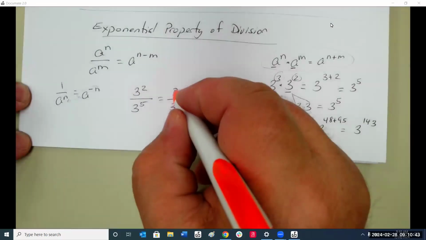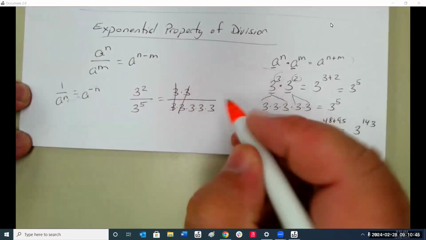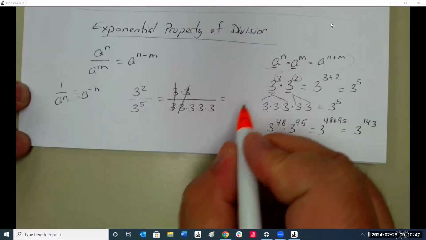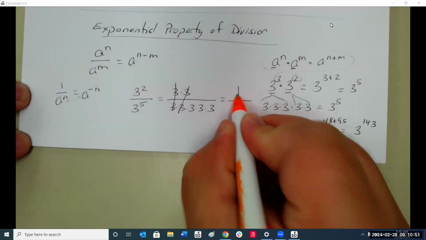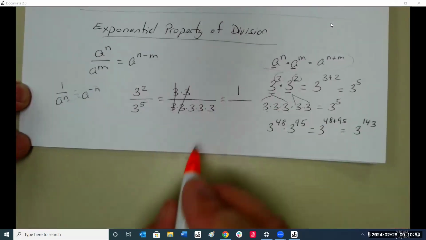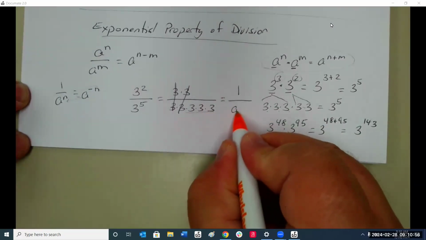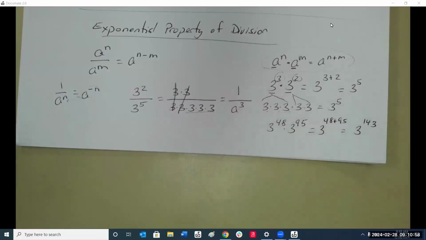When you divide, you cancel. The number on top, since everything's gone, is a 1. And I have 3 3s on the bottom. True so far?